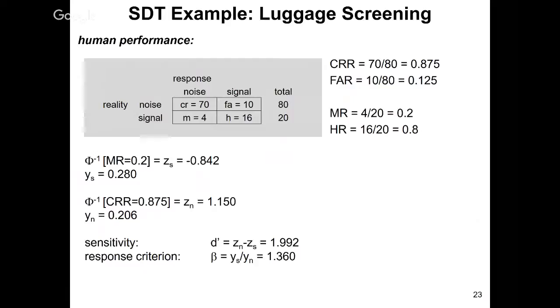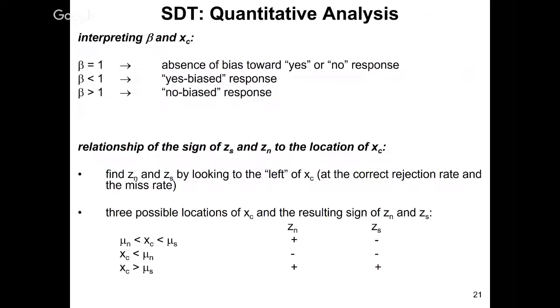Well, okay, so maybe I'm not asking right. Let's take a look at this. So if ZS is negative and ZN is positive, then it's in between.